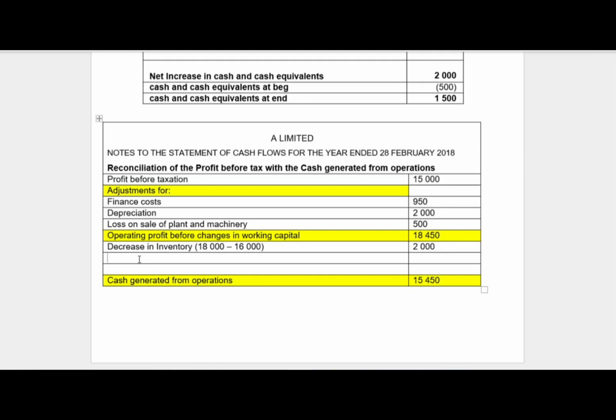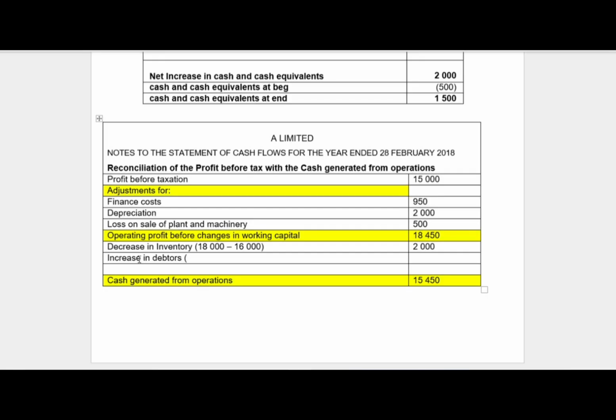Our debtors, remember, it's an increase in debtors. An increase in debtors, remember, is considered to be an outflow.